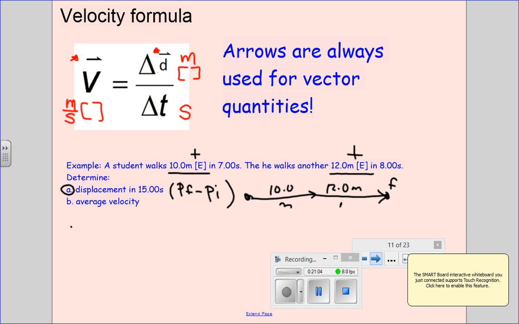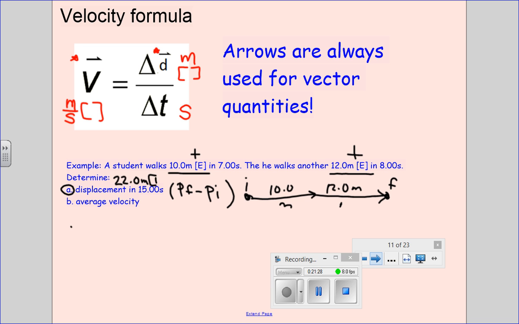Okay. So when you're figuring out displacement, you have to consider their final and initial position. And to know that, you have to think about which direction they were going. In this person's case, since both of them were east, I'm going to do 10 plus 12. This means that displacement was 22.0 meters east.